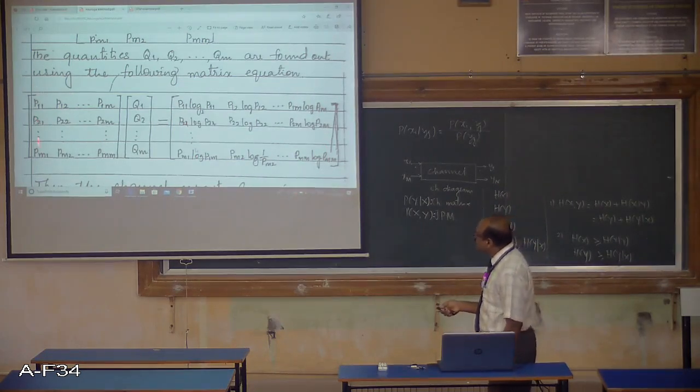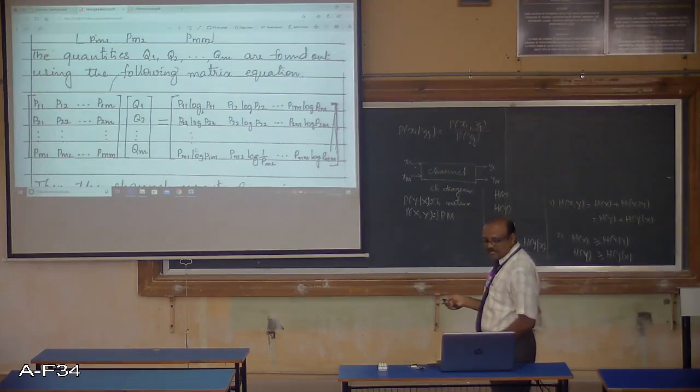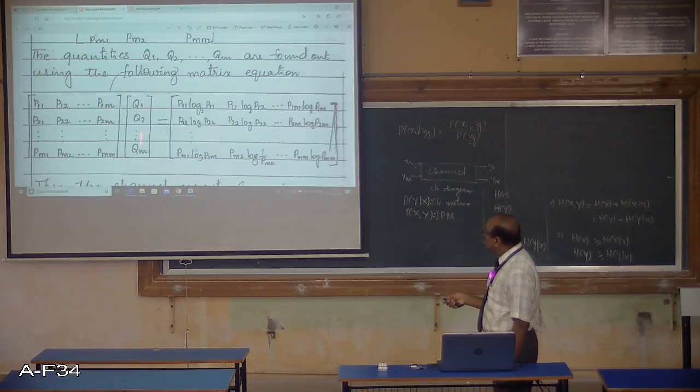All these individual elements of the right hand part of the matrix equation will be negative. So this fundamental relation, channel matrix multiplied by q values, and all these values are constants which are generally negative. How many q values are there? Those many values we get here.